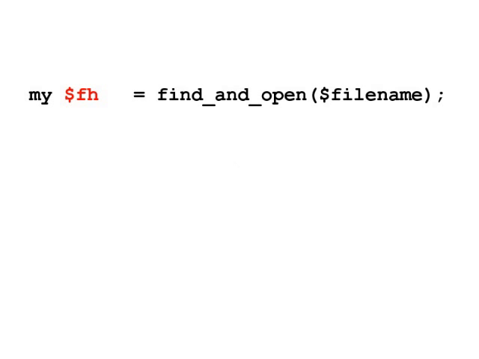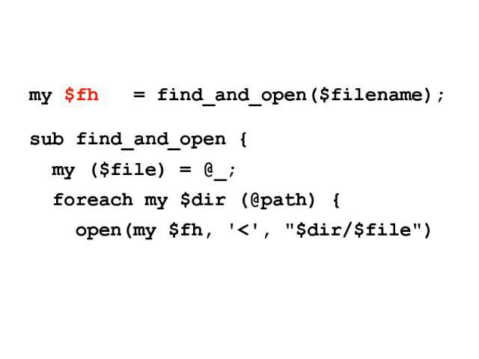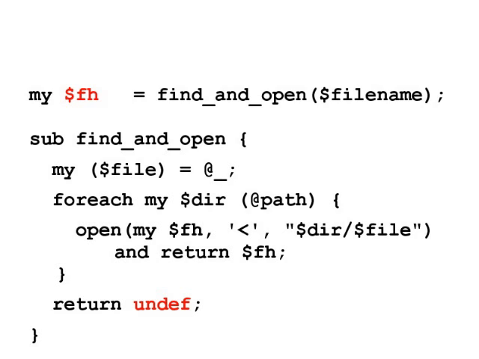Here I have a subroutine that finds and opens a file. It might take a file name, walk through a list of directories, and then return the file handle if it's successful in opening one. Otherwise, it returns an undefined value to say that it couldn't open a file. Now, this is expecting the person using the subroutine to check for that undefined value.